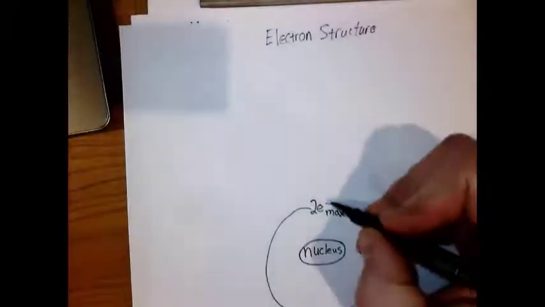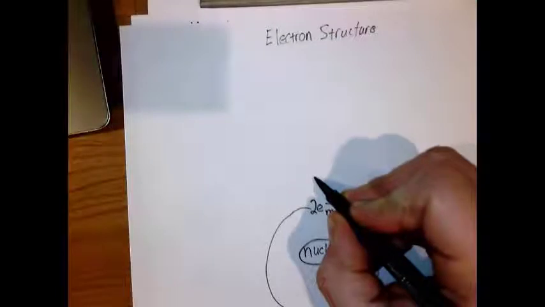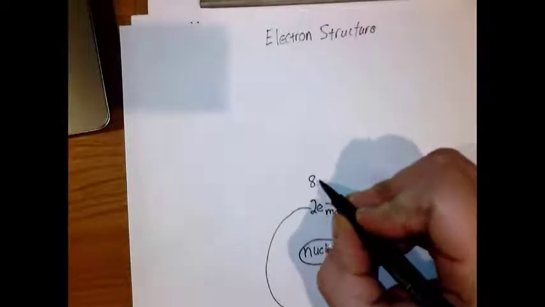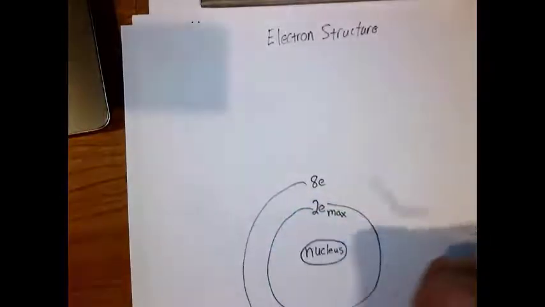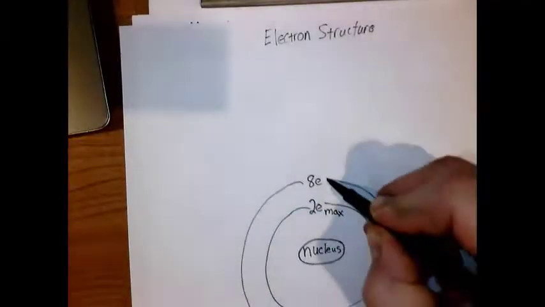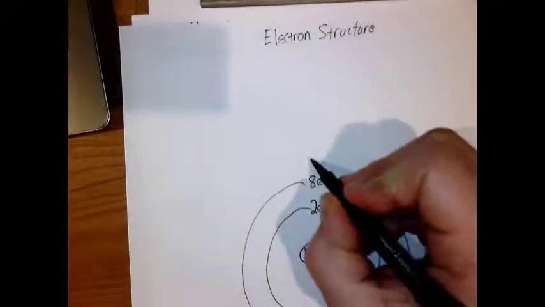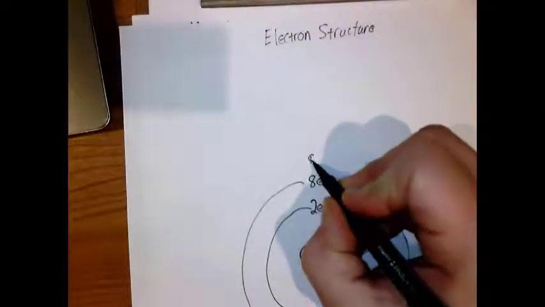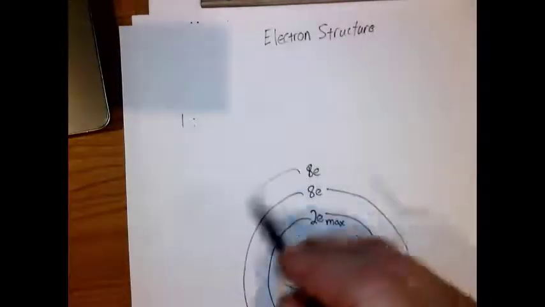And then if we go further out to the second shell, it has the ability to hold 8 electrons maximum. And then if we go into the third shell, at least for smaller atoms, it holds 8 electrons maximum.